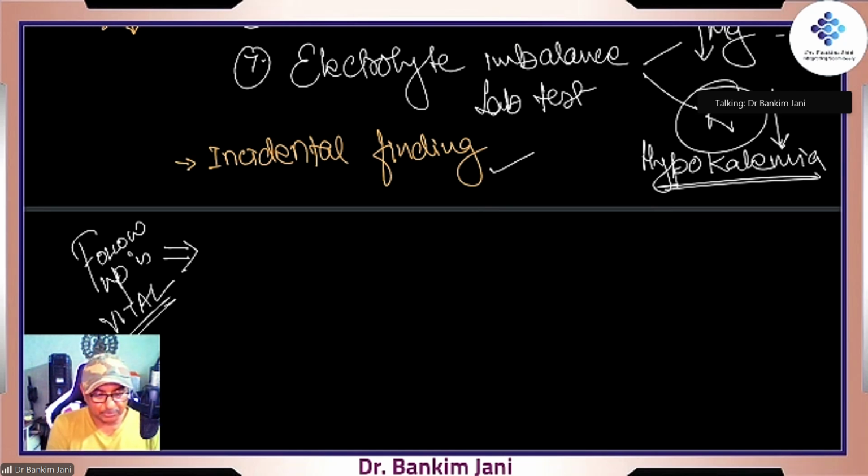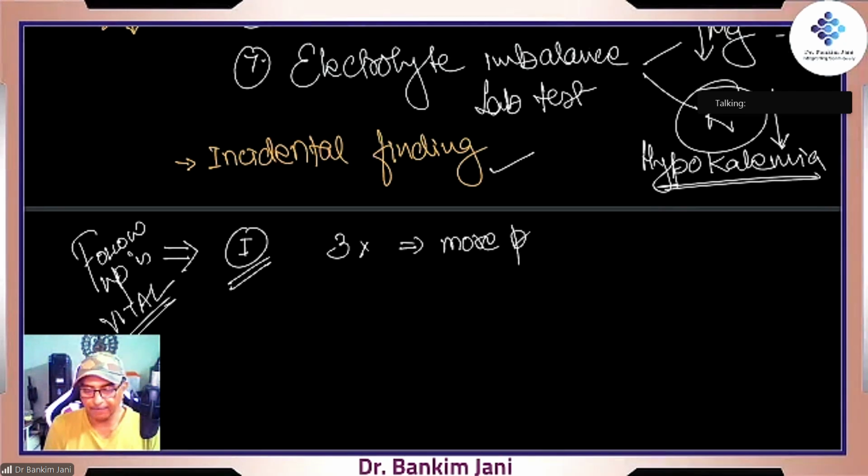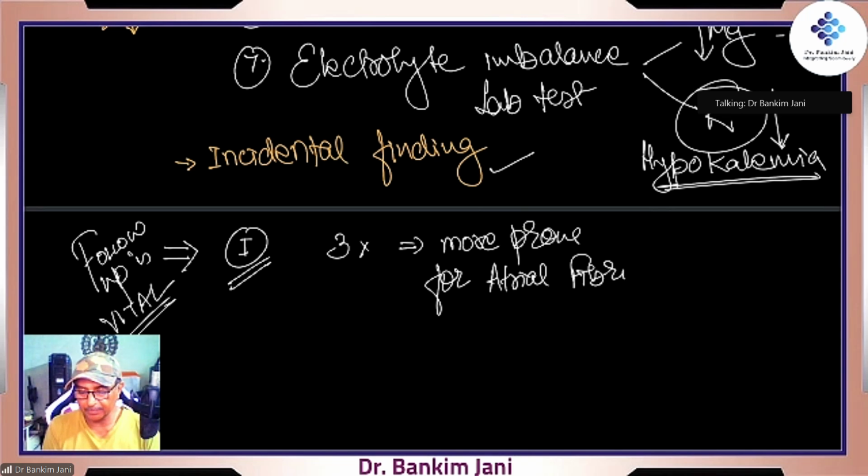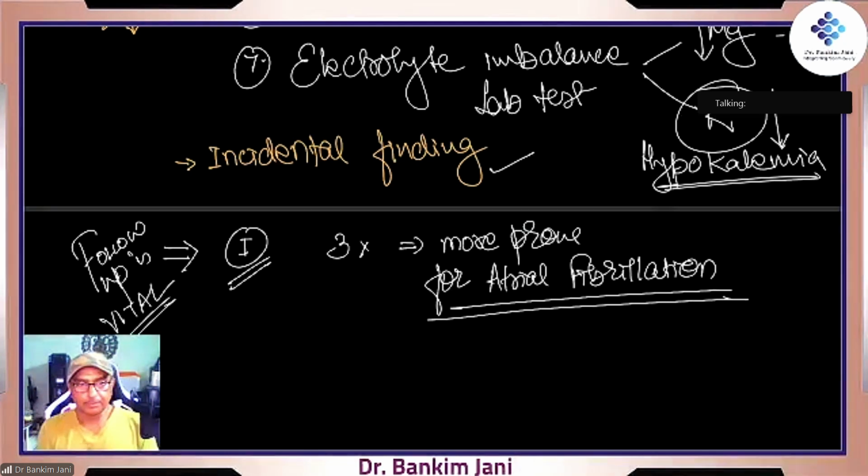Because such patients, those who are having type 1 AV block, are 3 times more prone to atrial fibrillation, which is a killer. Atrial fibrillation. So keep this in mind, don't neglect it.